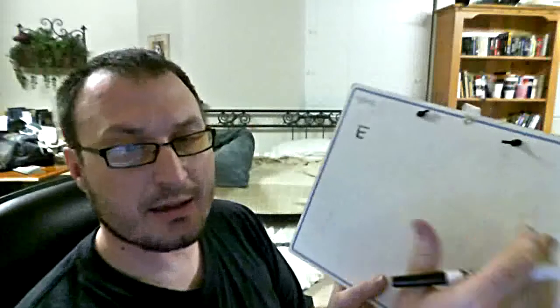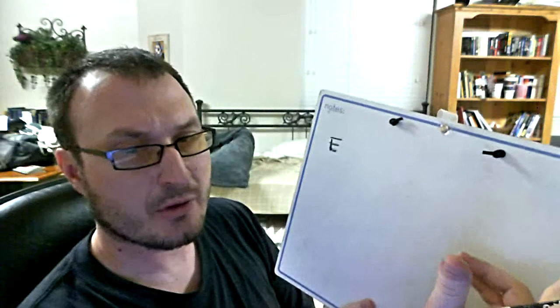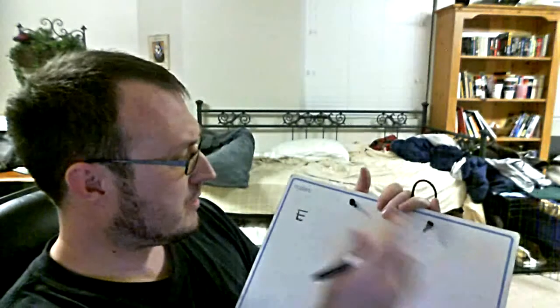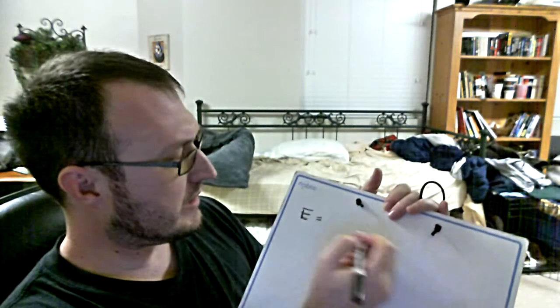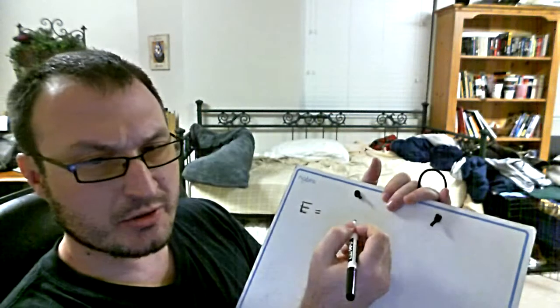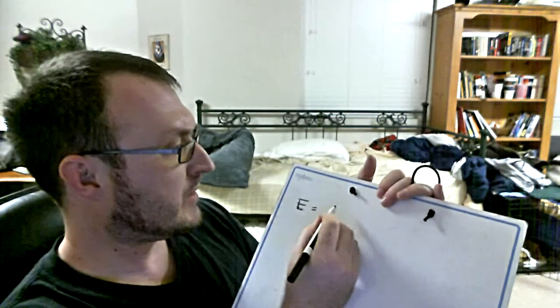For starters, what I want to know is the energy that's being generated. I want to start with the sander and this energy that's coming out of the line. Now, this is one of the equations that you should commit to memory.